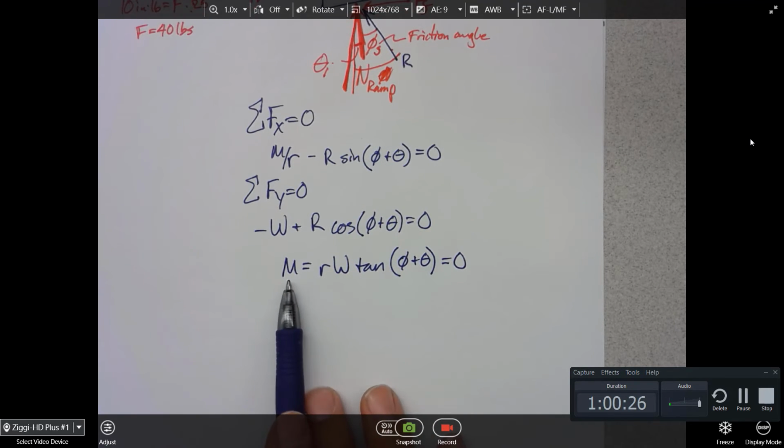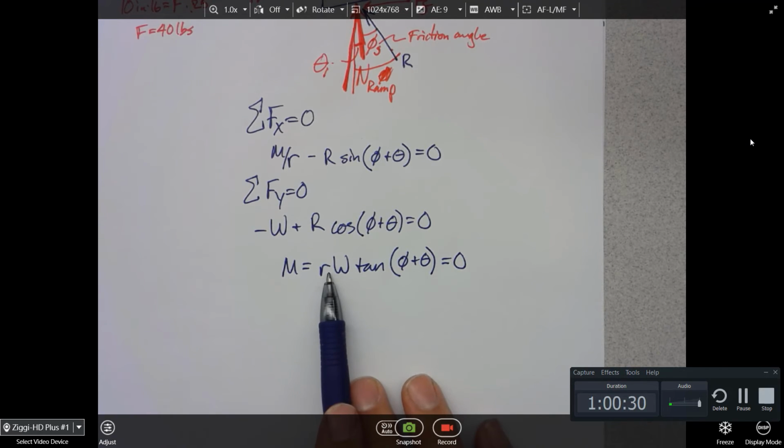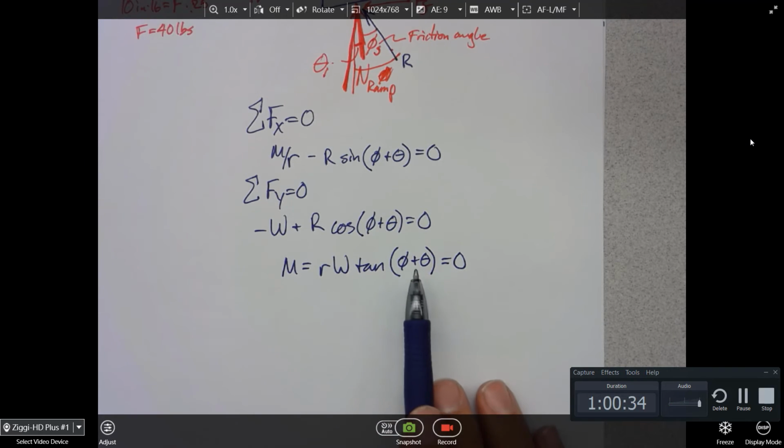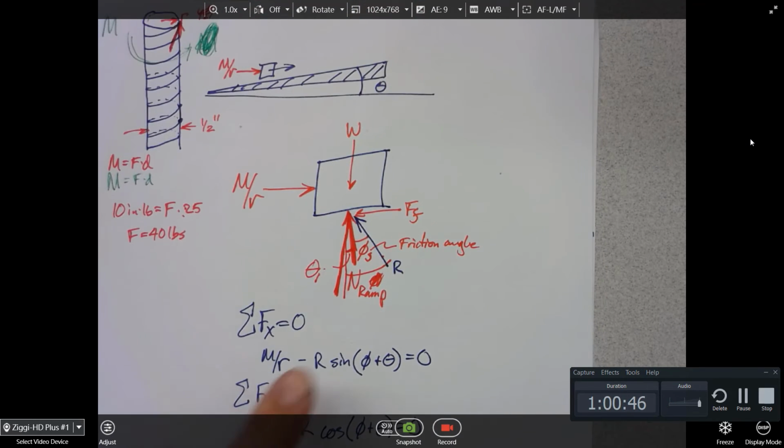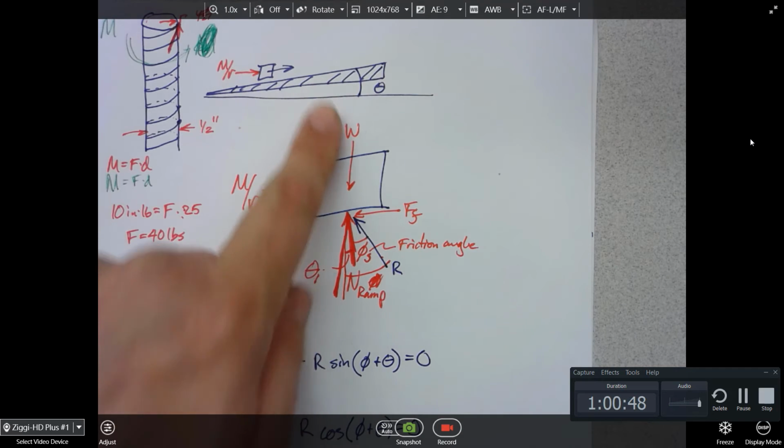And I end up with the moment required for upward motion is just the radius of the bolt times the weight times the tangent of the friction angle plus the pitch or steepness of the ramp. Theta, remember, is how steep the ramp is going up.